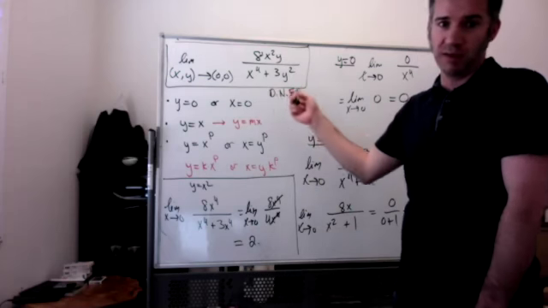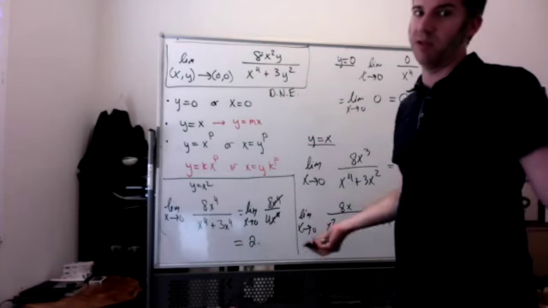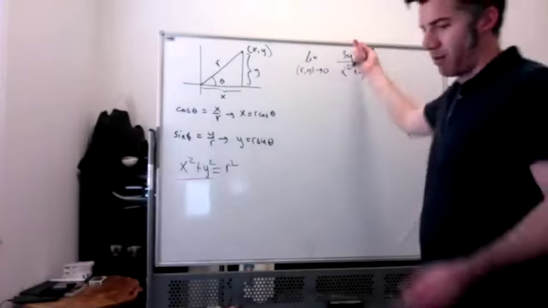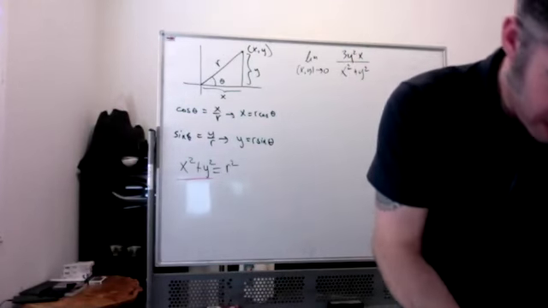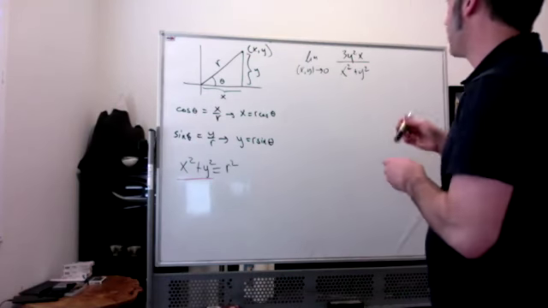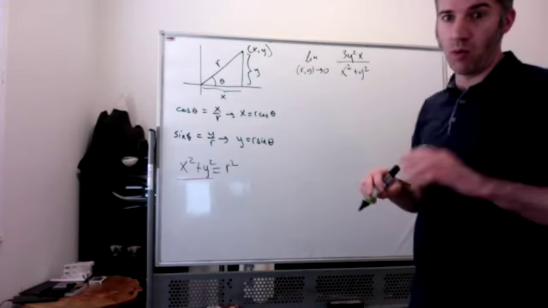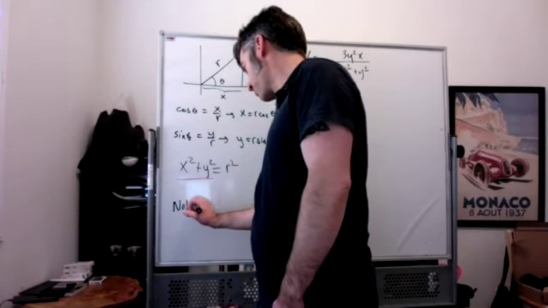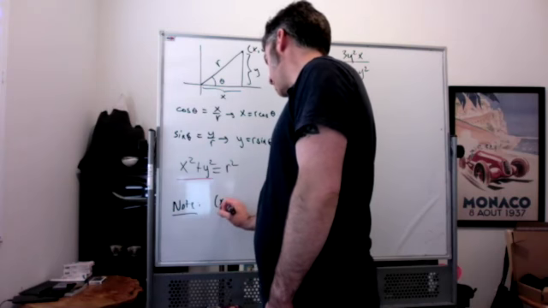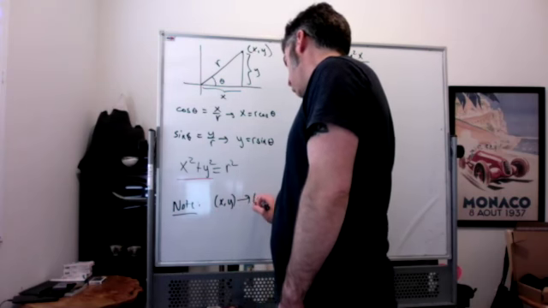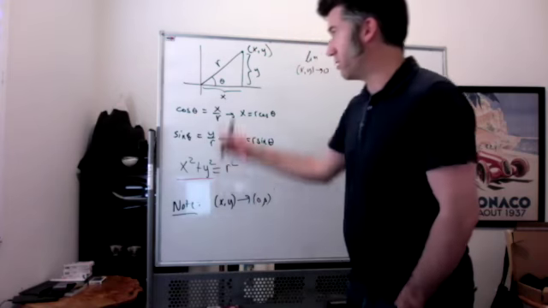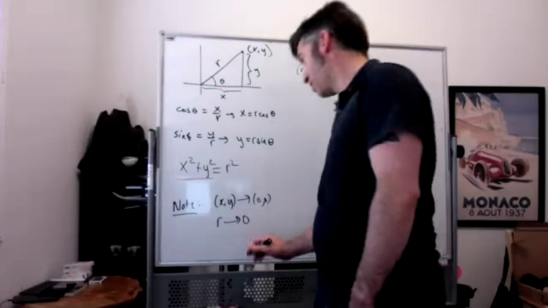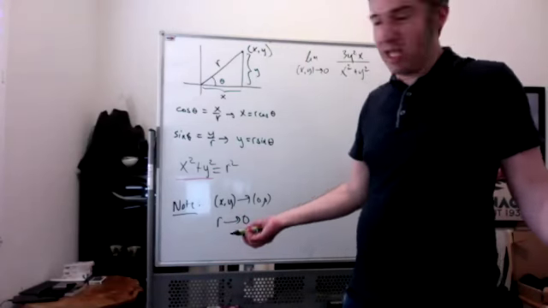If you actually just plug in the 0 and the 0, you get 0 over 0, which is indeterminate, which means you have to do more work. One other thing we need to note is that if x and y are both going to 0, then r is also going to 0. But theta can be anything, right?